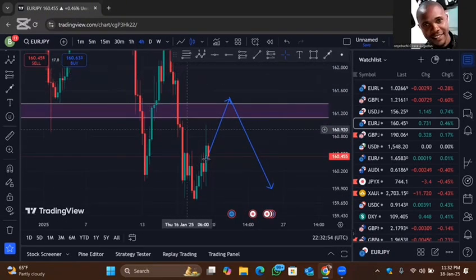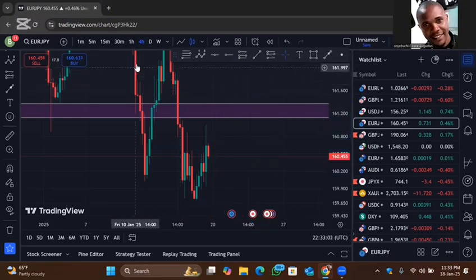So now we can see on the weekly time frame the price is bearish. On the daily time frame the price is bearish, and on the 4-hour time frame price is bearish. So these are the 3 major time frames for us to ascertain our direction in the price. Once weekly, daily and 4 hours are heading in one direction, that makes it more possible for us to have a trade in that direction.